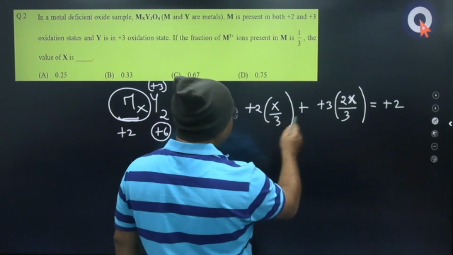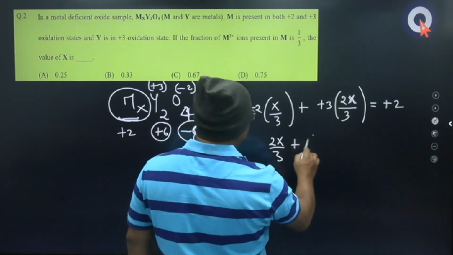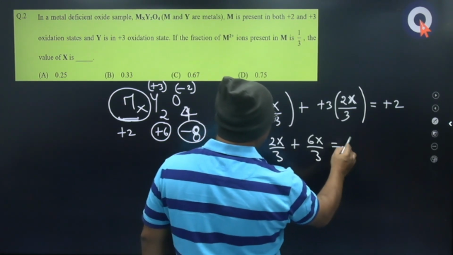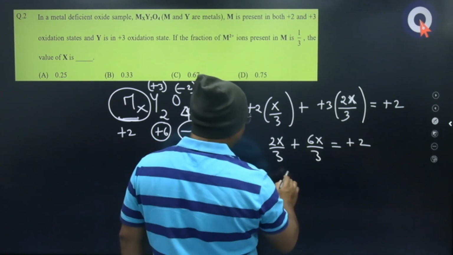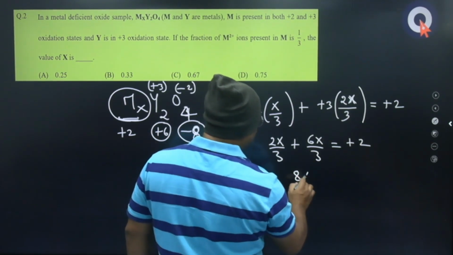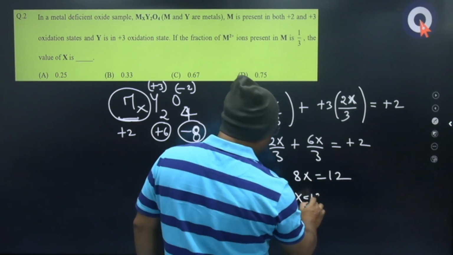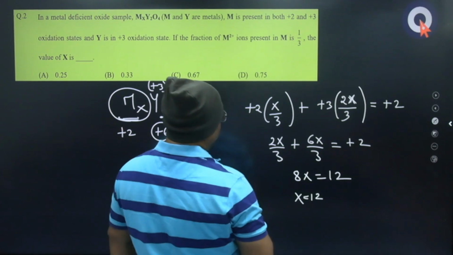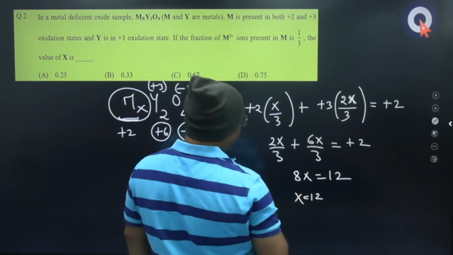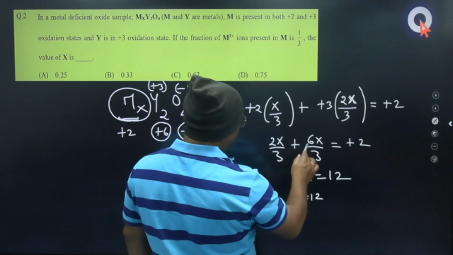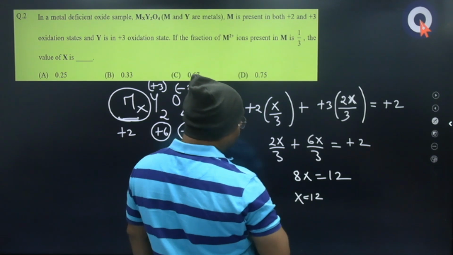So this is 2x by 3 and this is 6x by 3, equal to plus 2, plus the 6 from Y. So 8x is equal to 12... sorry, the equation is 8x by 3 plus 6 equal to 8, so this is 6 only.